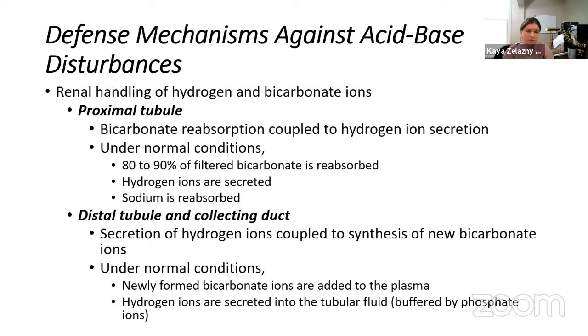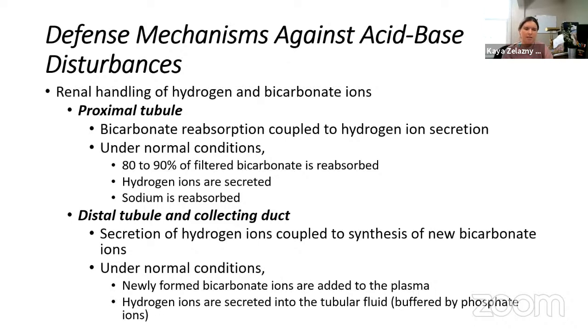In the distal tubule, we secrete hydrogen ions just like we do in the proximal tubule. But what we can also do in the distal tubule and collecting duct is to synthesize new bicarbonate ions. And this is happening under normal conditions where we're forming new bicarbonate ions and we're moving them from the cells of the distal tubule and collecting duct into the plasma, so into the blood, where they can then act as a buffer.